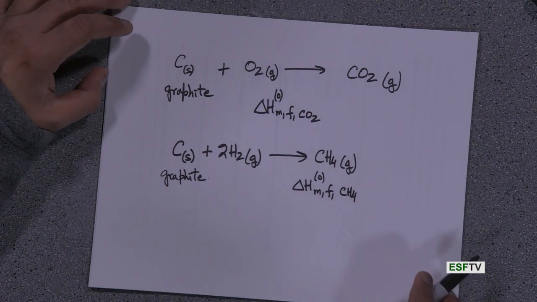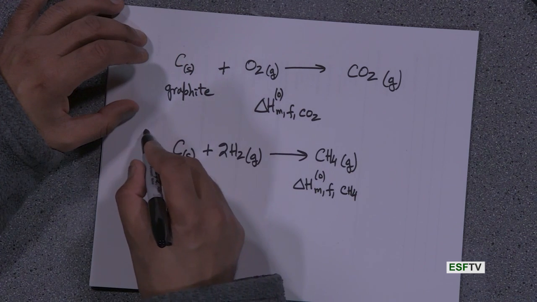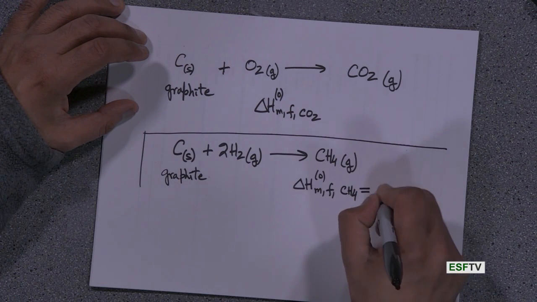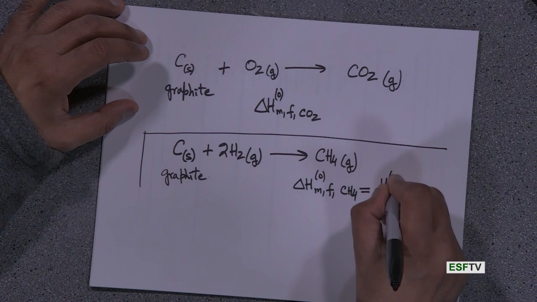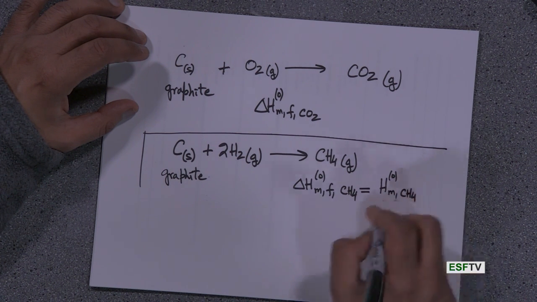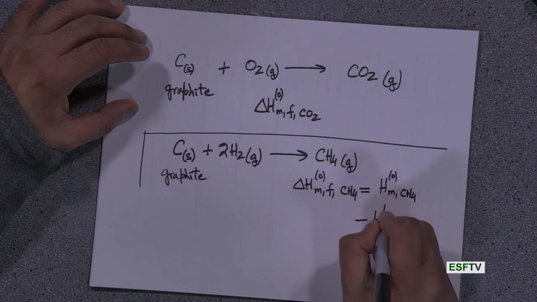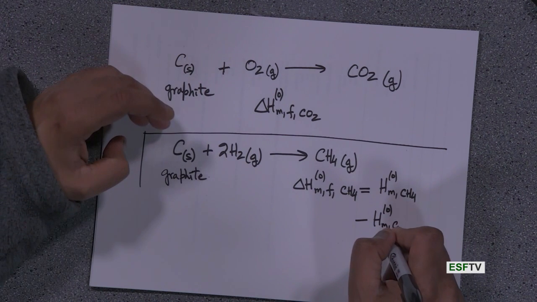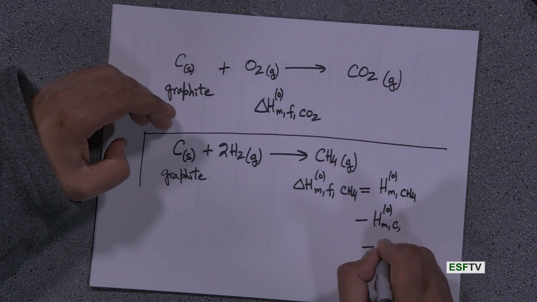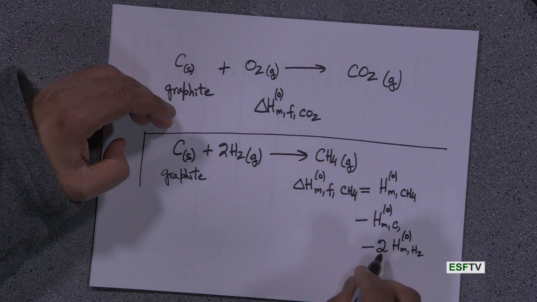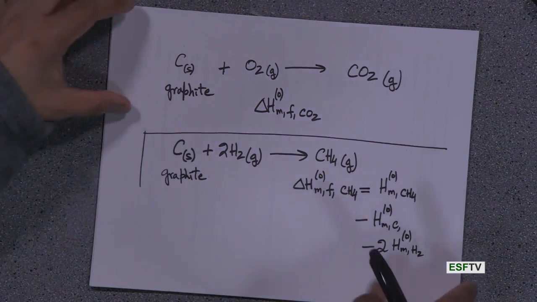Equations have to be balanced clearly, because you can think of this as standard enthalpy per mole for methane minus the standard enthalpy per mole for carbon minus twice the enthalpy per mole of H2. Why the twice? Because there's 2 moles of hydrogen.